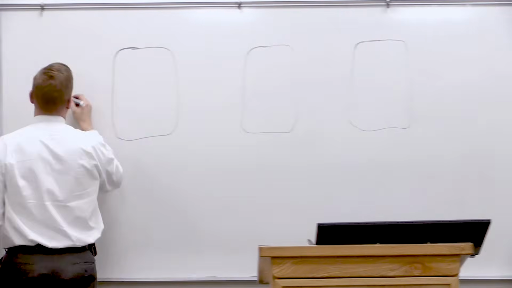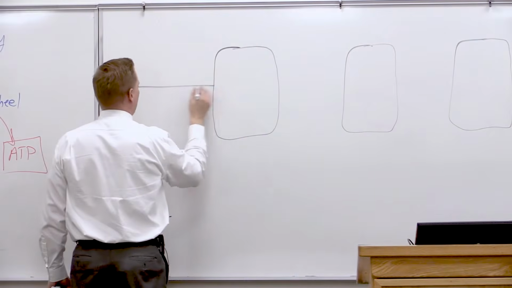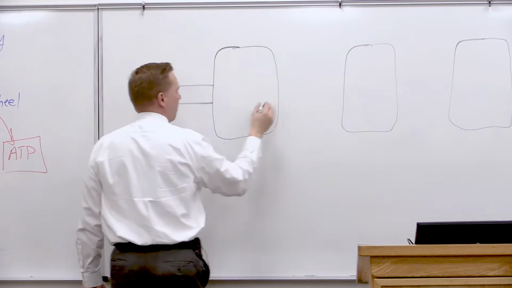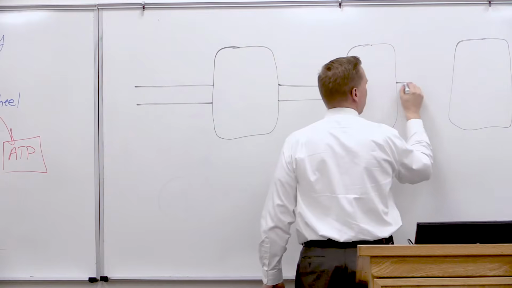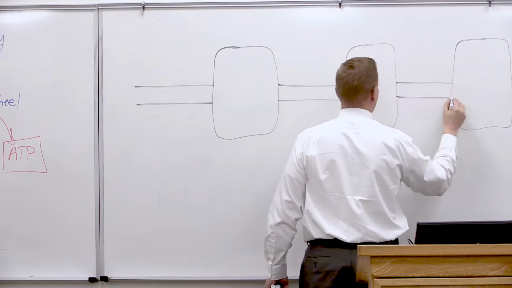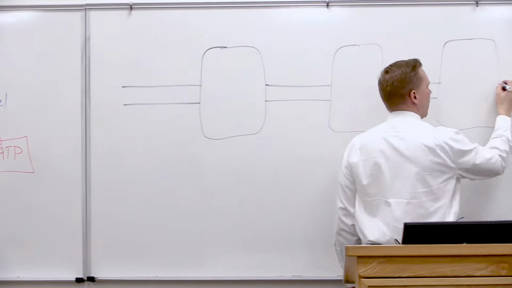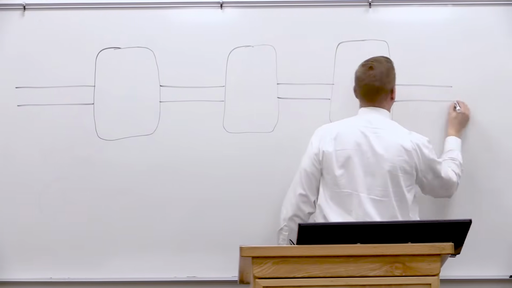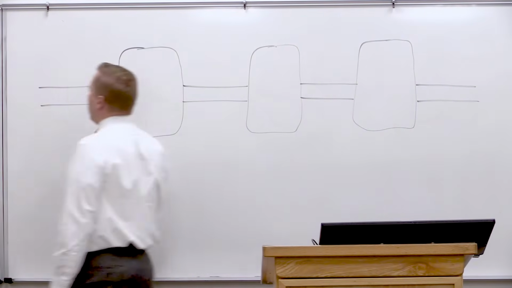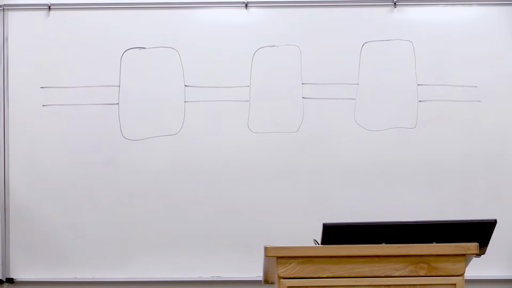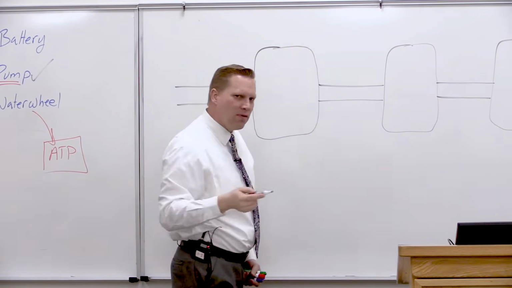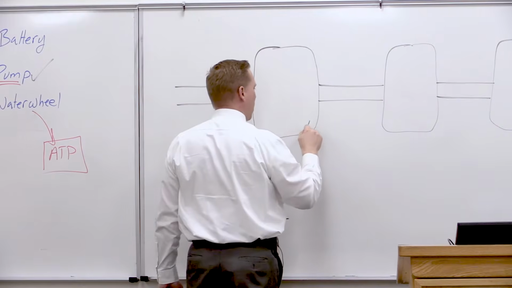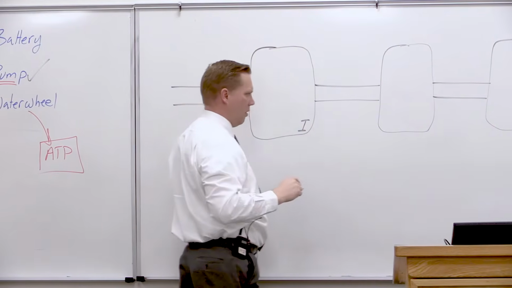And then we're going to have a membrane that's going to go through these. And these 3 rectangles are going to be our pumps that we talked about earlier. And so they actually have names, but we're just going to call them complex 1 for right now.